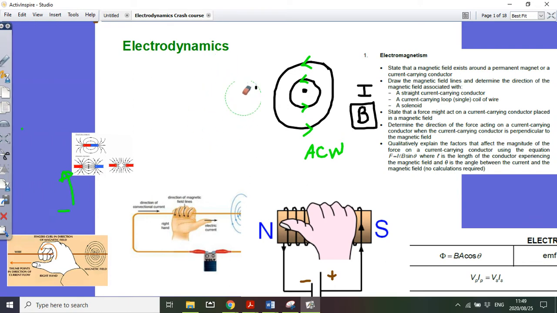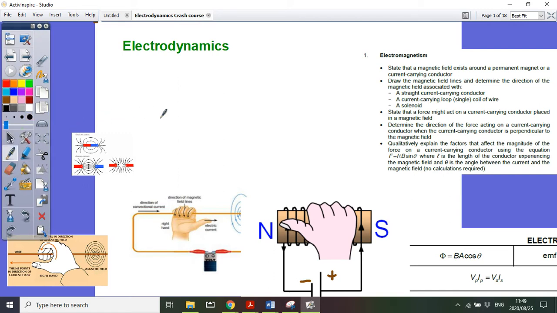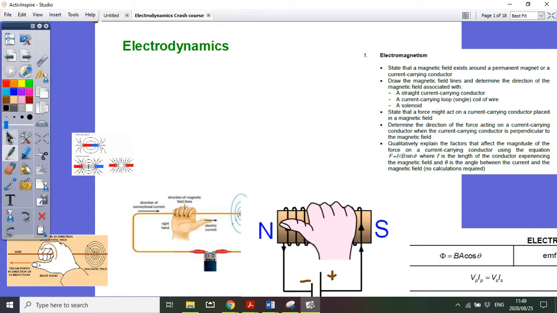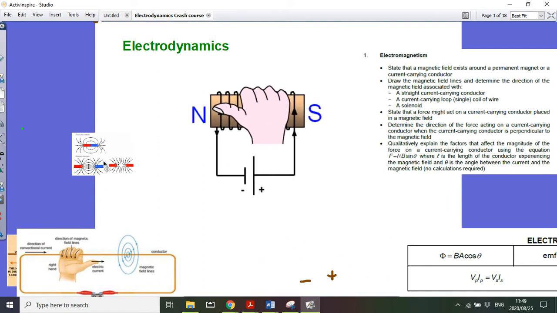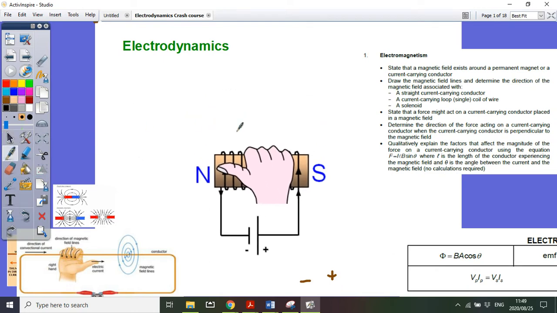Now, often we don't work with straight conductors and we work with coils or solenoids. What that is, is just your wire turning in a loop, like this little diagram here at the bottom shows you. So I'm just going to bring that one up. Now if we look at this one, I actually want you to see it differently.